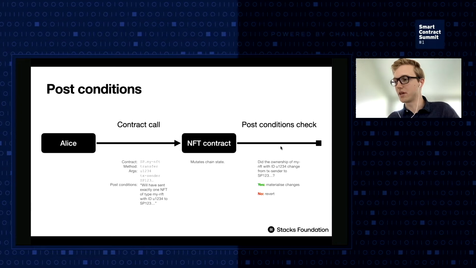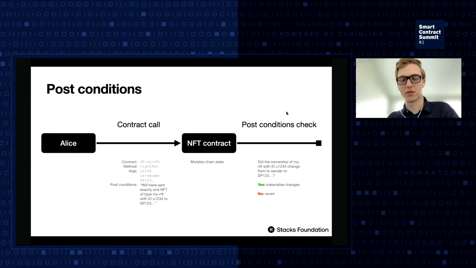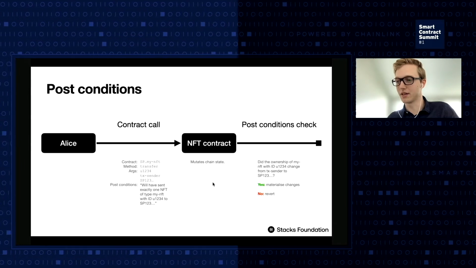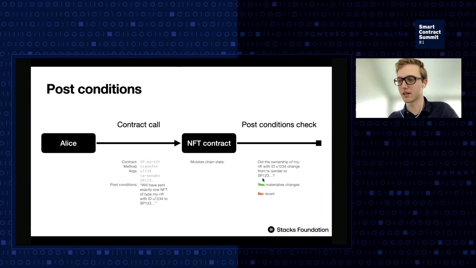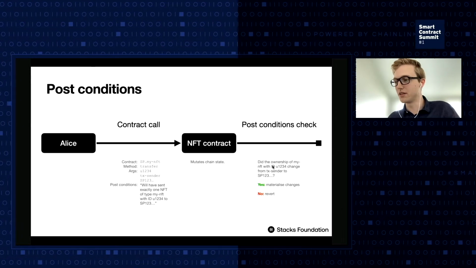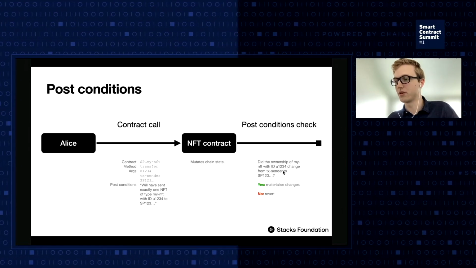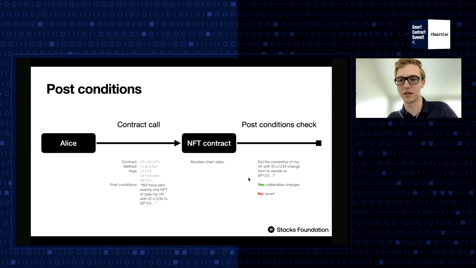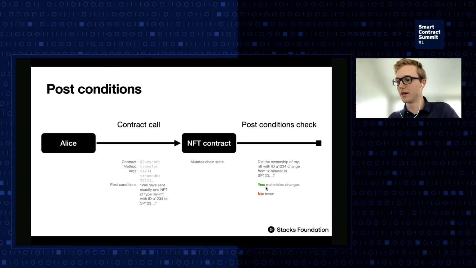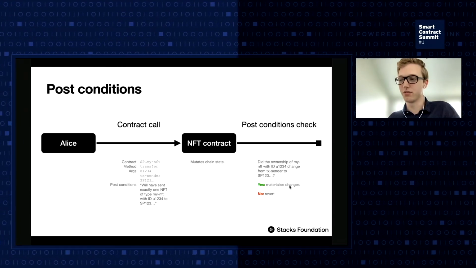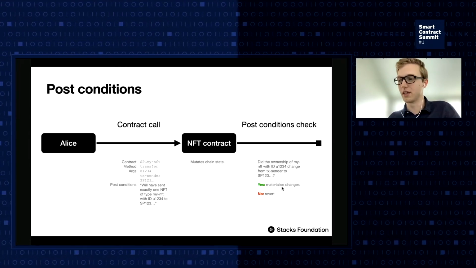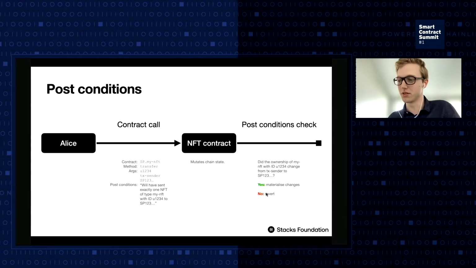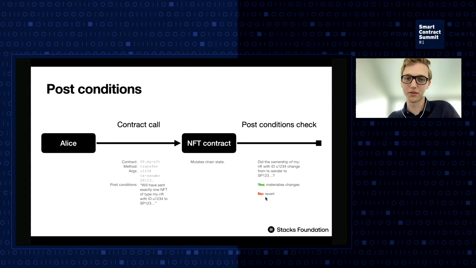Then what happens at the very end is that there's an additional post-condition check by the node that will assert if that post-condition that has been attached is actually fulfilled. So did the ownership of my NFT with that ID actually change from the transaction sender to this different address, SP123 and so forth? If all the post-conditions check out, then the changes are materialized on chain. If at the end those post-conditions don't check out, then the transaction is reverted.